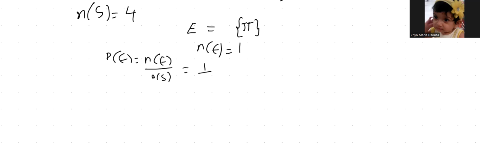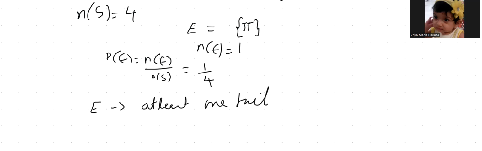But if I ask you probability of getting, let's say, at least one tail, different possibilities I'm checking, okay? At least one tail means you should get one tail. TT should be allowed. Even HT is allowed. TH is allowed because one tail I should get. Even TT is allowed, because nobody told you not to get two tails.